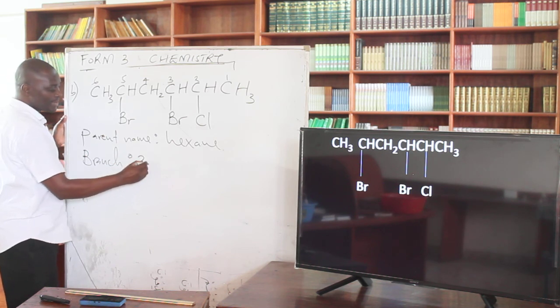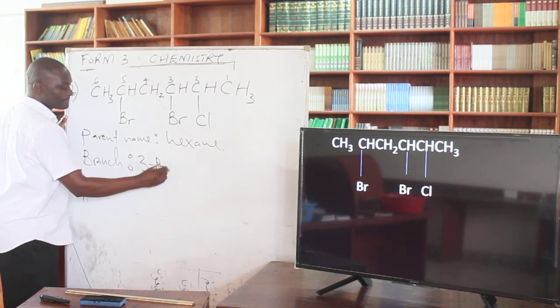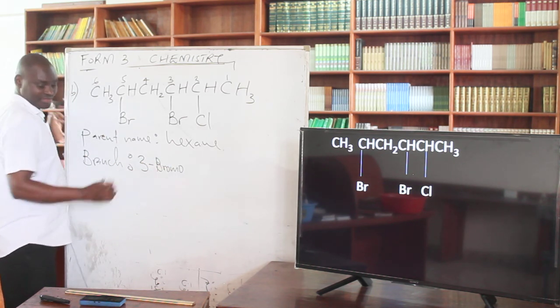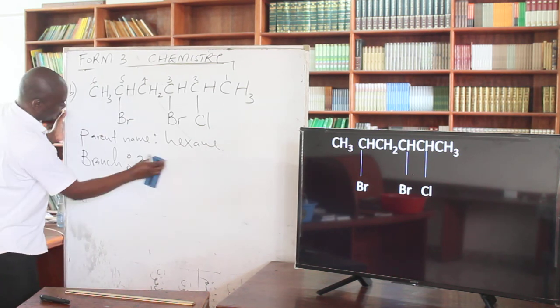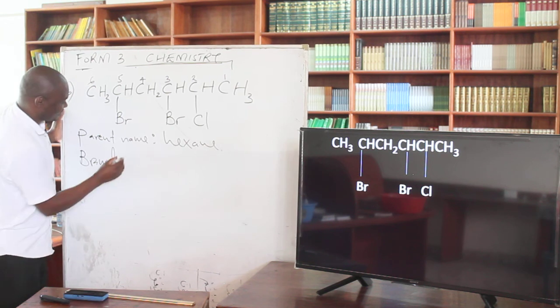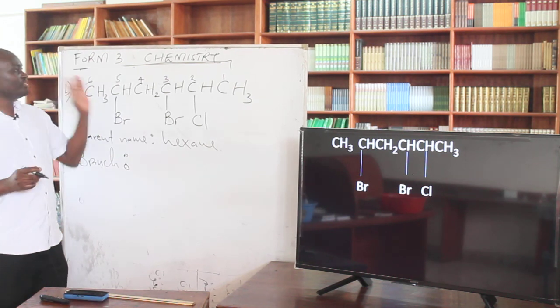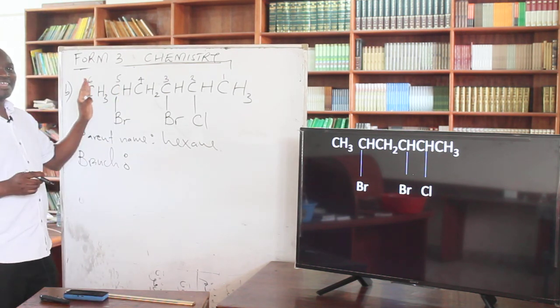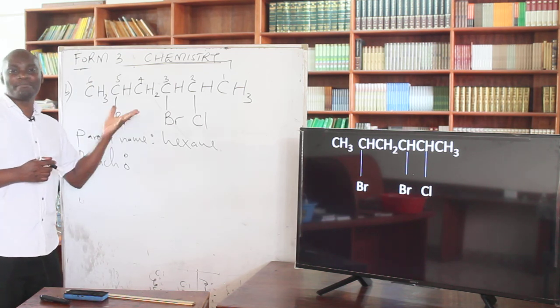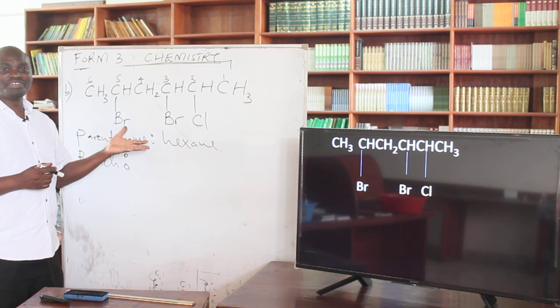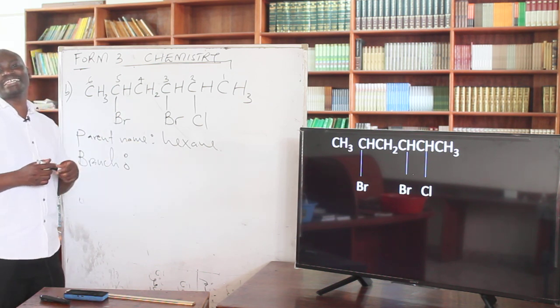So we have 3 bromo. So you number the carbon atoms, and after numbering, you identify the branches. Let us leave it there and continue in the second segment.